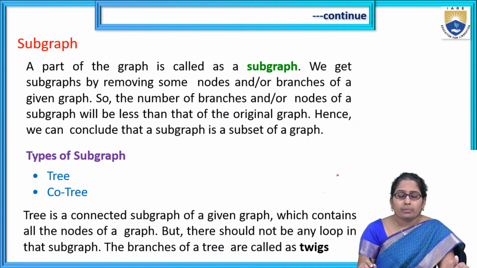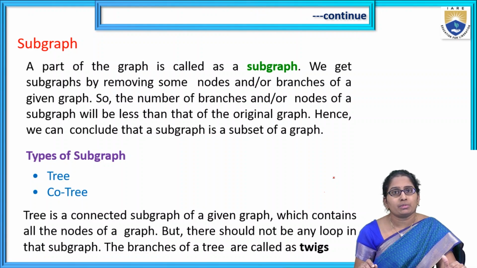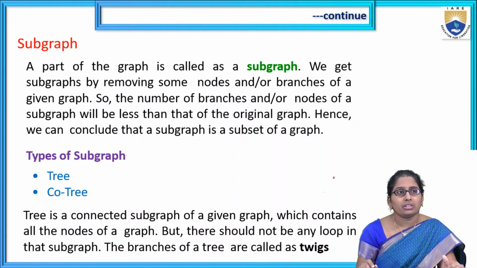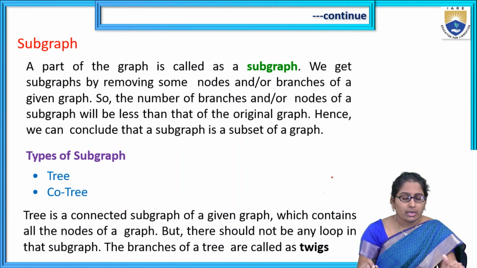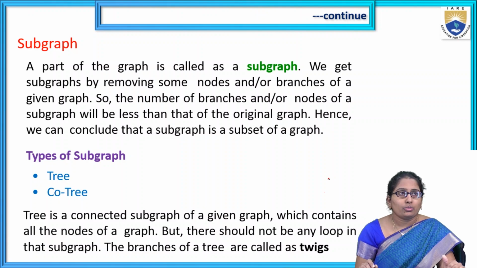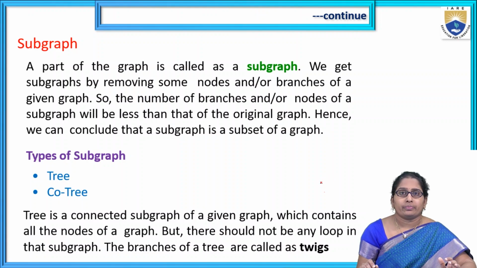Now, coming to the next thing, what is meant by tree and cotree? They come under types of subgraph. First, about tree. What is meant by tree? Tree is a connected subgraph of a given graph.